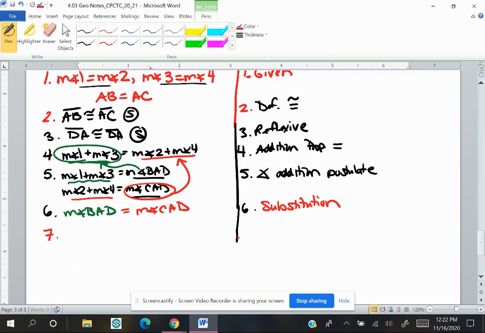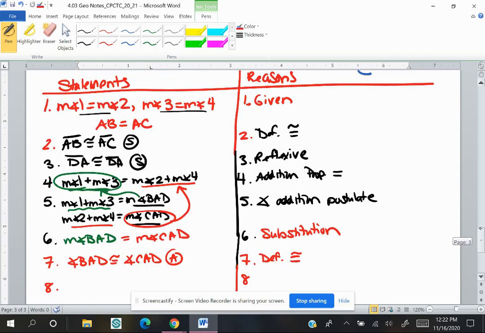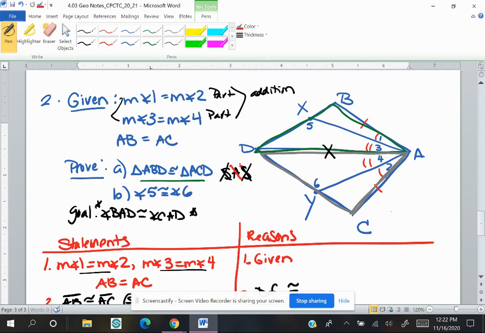And again, I need congruent parts to make congruent triangles. So I'm just going to switch these back over to congruency. By definition of congruency, or again, you could say angles with equal measures are congruent. And that gives me my pair of angles, which is the last pair that I need in order to get my triangles congruent.